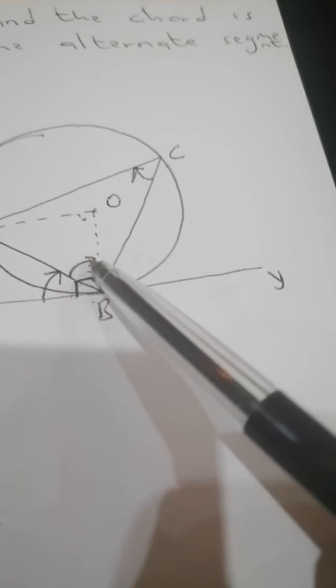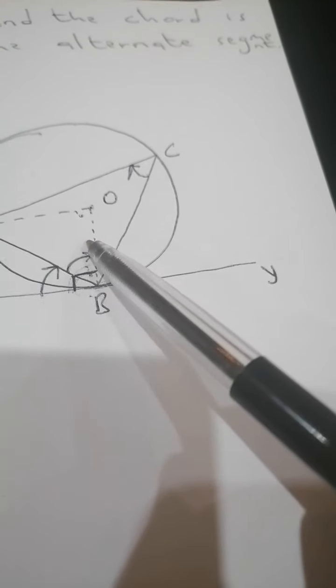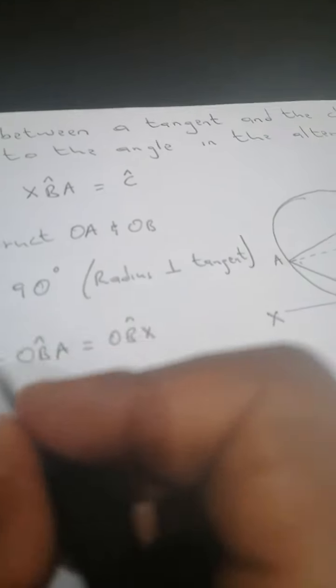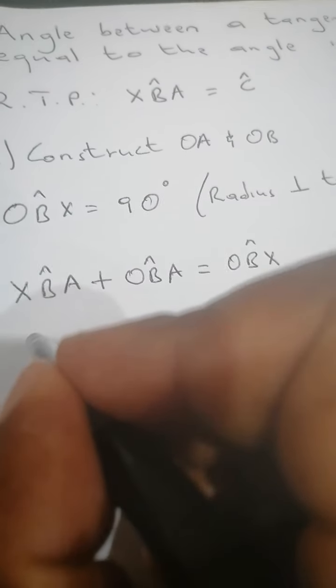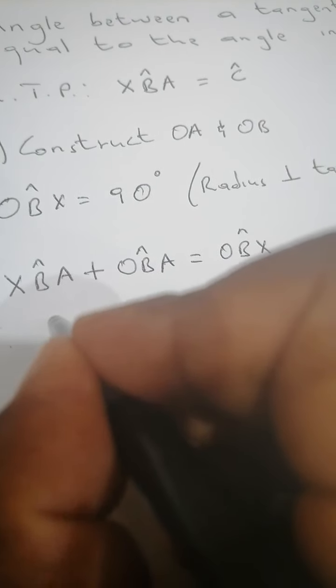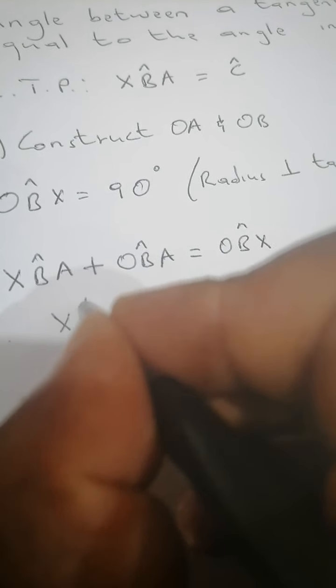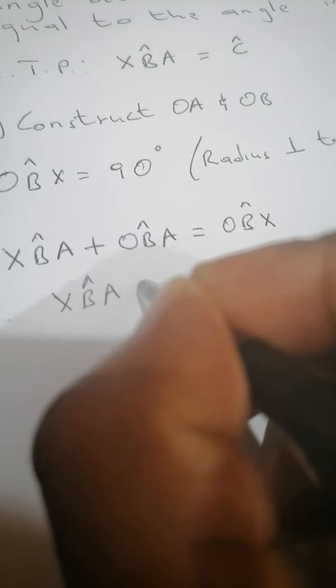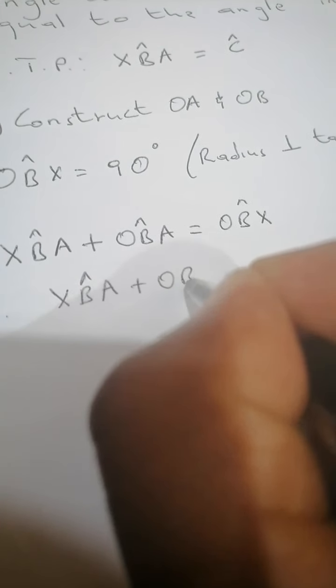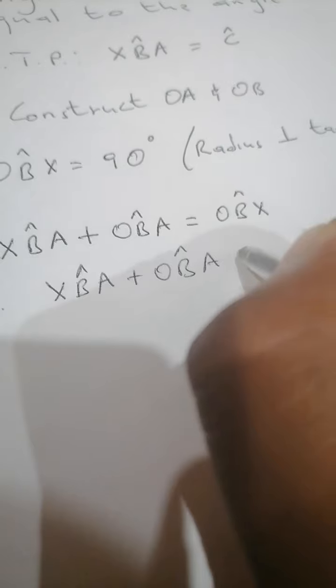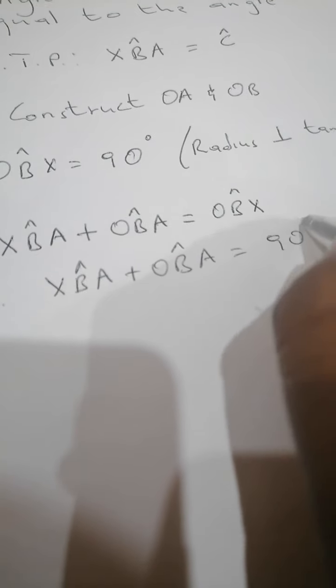So this angle plus this angle, they make up this whole angle. But we've just shown that angle OBX is 90 degrees. So therefore angle XBA plus angle OBA is equal to 90 degrees.